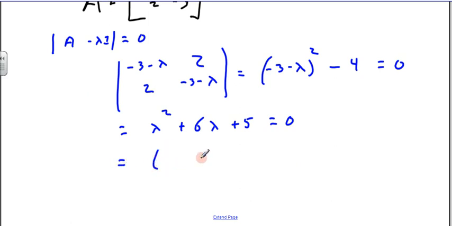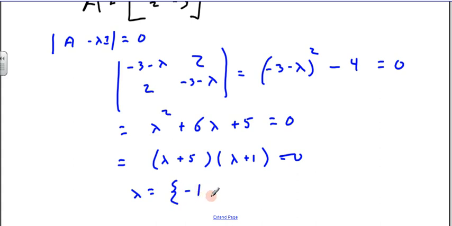So I'm going to factor that. Lambda plus 5, lambda plus 1 is equal to 0. And my lambda values, my eigenvalues, are going to be minus 1 and minus 5.